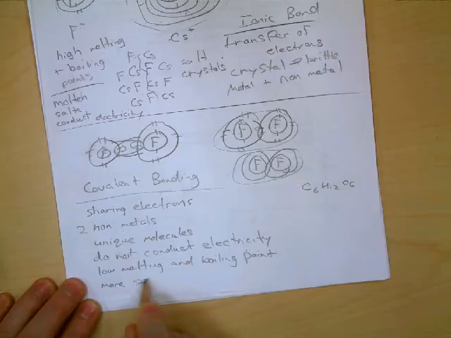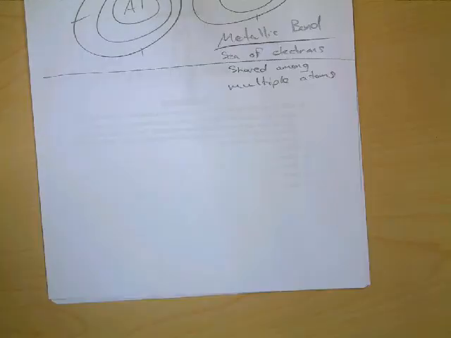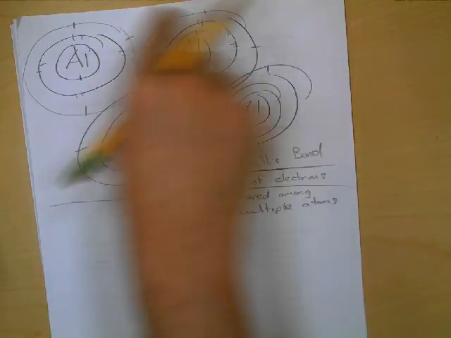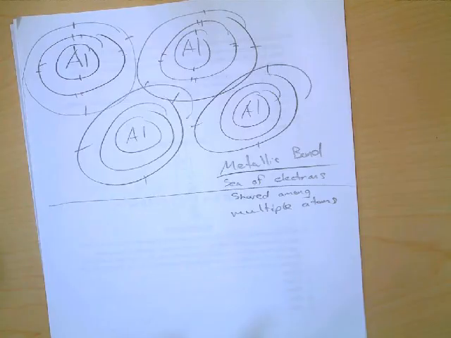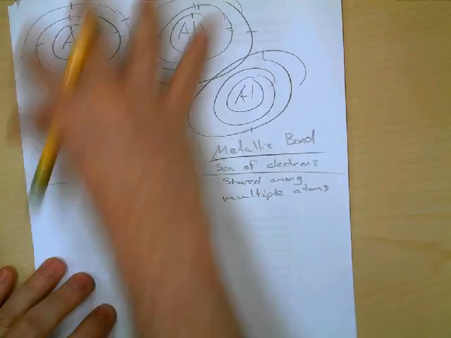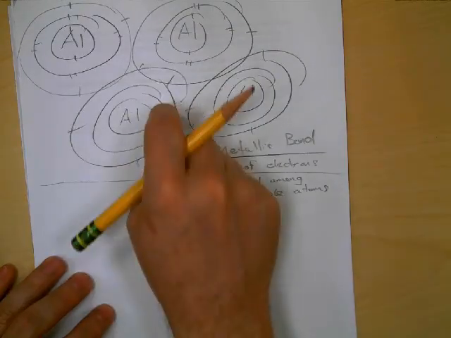Okay, what about metals? Well, the easy thing to talk about is their electrons. Their electrons, like we said, are not stuck to one individual atom. They can freely move and do freely move as this sea of electrons through any of the atoms. So if you wanted to get them to conduct electricity, it's very easy because their electrons are already so mobile and there's so much space for them to go.